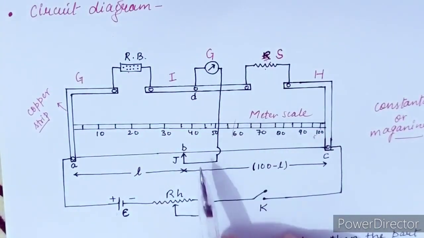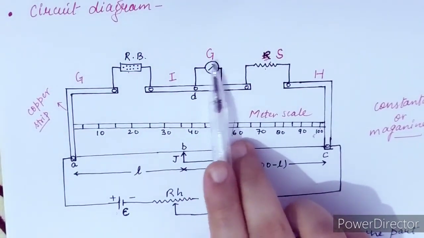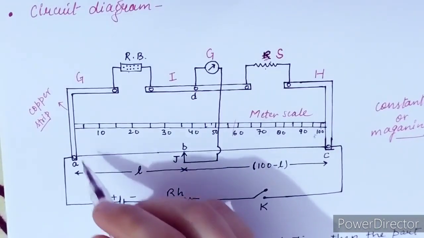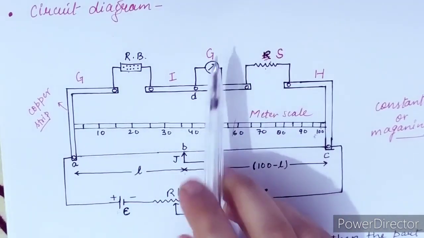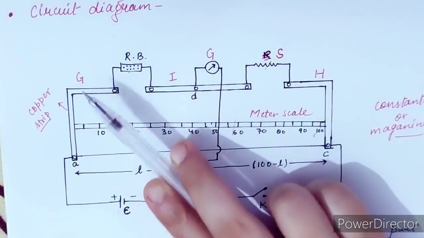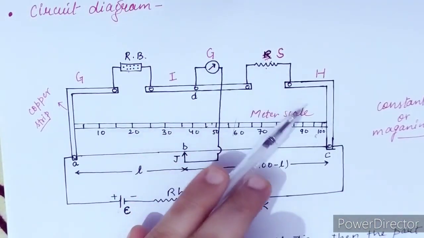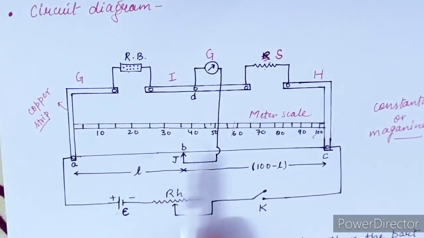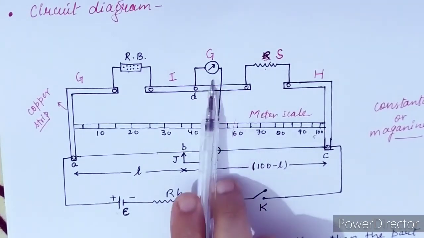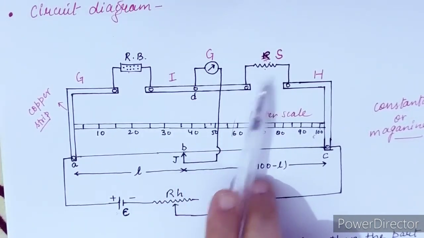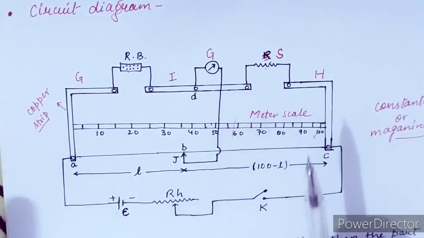Now the galvanometer shows opposite deflections. Suppose when you put the jockey at this point, the galvanometer deflects in this direction, and when you put the jockey at the other point, it deflects in the opposite direction. If at both ends of the wire the galvanometer shows opposite deflection, it means your connection is correct.